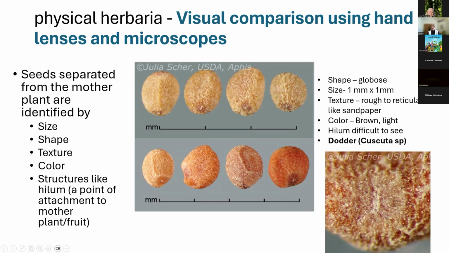Now, the photo that I have here as an example is dodder, that's the common name, or Cuscuta species, and that is a parasitic plant. And it is often a contaminant in some of the agricultural seeds that are in trade.